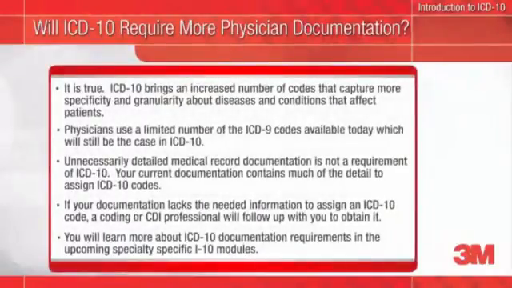The coder will capture this documentation and use it to assign the ICD-10 code for the myocardial infarction. If your documentation happens to be unclear or is lacking an element needed to assign an ICD-10 code, it may result in a query to you from a coding or clinical documentation improvement professional.